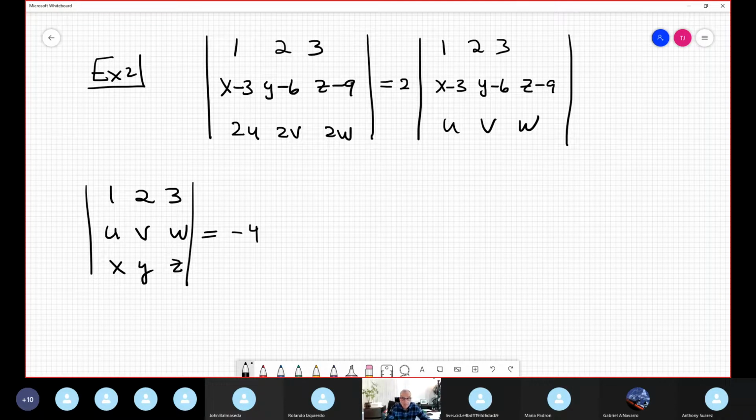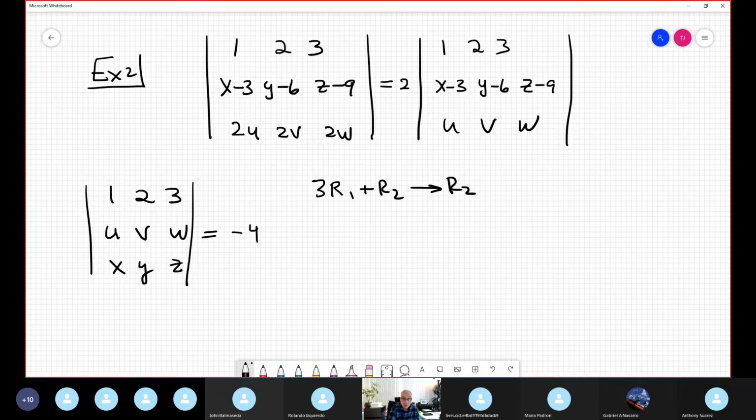Now I need to eliminate somehow 3, 6, and 9. I suppose we apply a row operation: multiply row 1 by 3, add it to row 2, and store it in row 2. 3 times 1 is 3, plus negative 3 cancels. 3 times 2 is 6, plus negative 6 cancels. 3 times 3 is 9, plus negative 9 cancels.